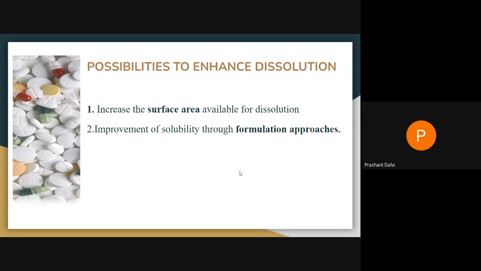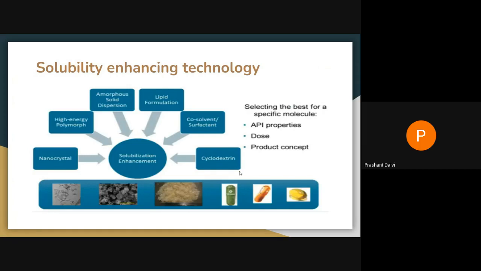When you subject the drug molecules to micronization, definitely the surface area of that drug molecule will increase, and you can accordingly formulate the dosage form. The second one is the formulation approach. There are a number of formulation approaches available, and accordingly you deliver the drugs.